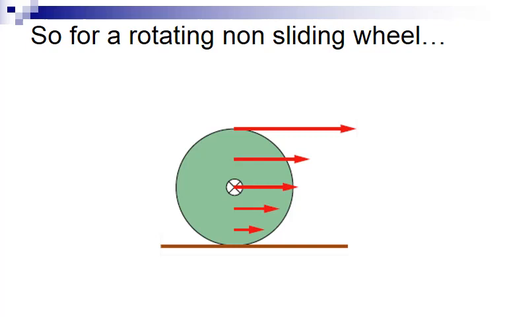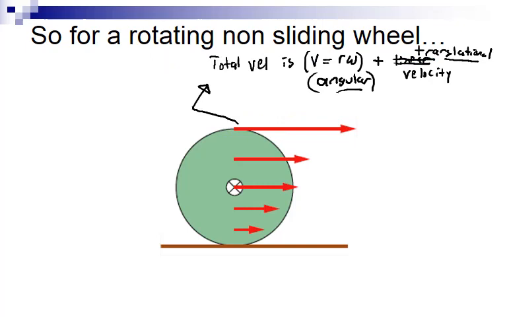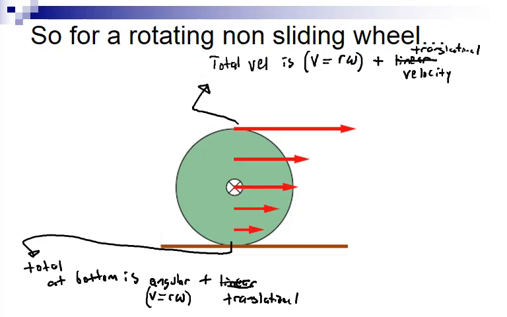So again, for a rotating non-sliding wheel, it's the combination between those two, and at the top it's moving very quickly. At the bottom, the combination of the two make it 0. So at the top, the total velocity is the angular plus the translational, and at the bottom we add up those two and they add up to be 0.